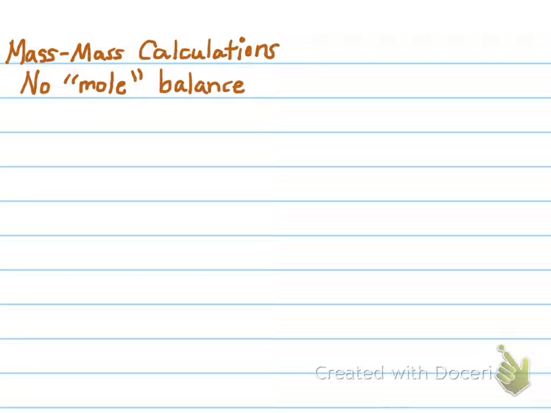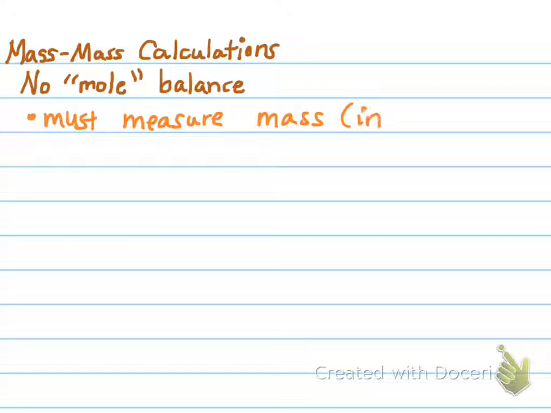The reason for this is because there is no mole balance. Okay? Because there's no way to just put a substance on a balance and have it tell you how many moles there is, instead you must measure the mass, normally in grams.